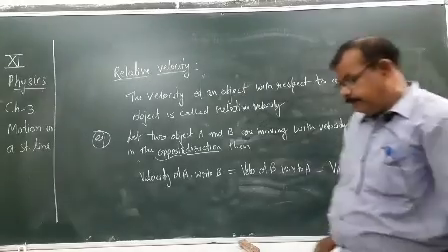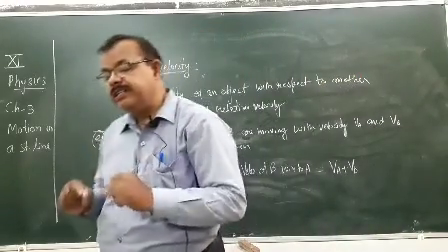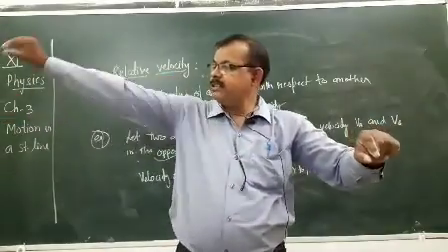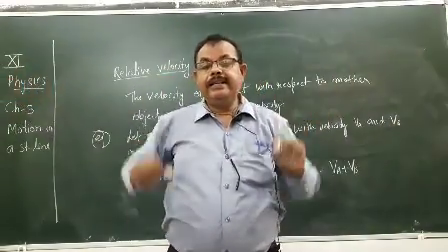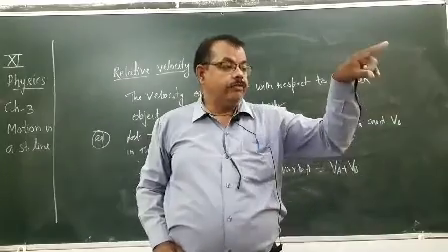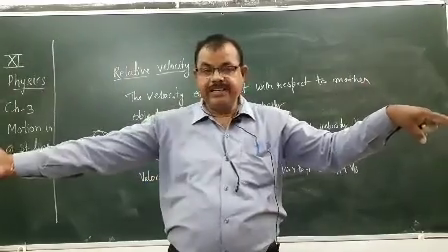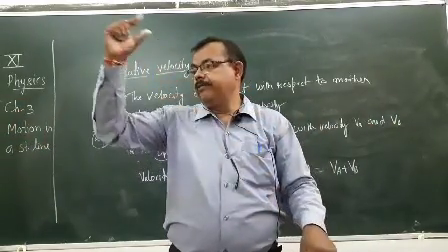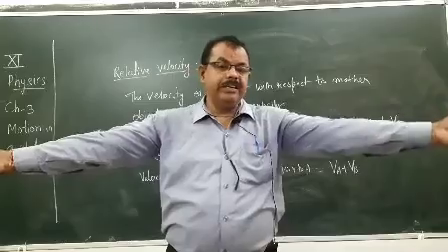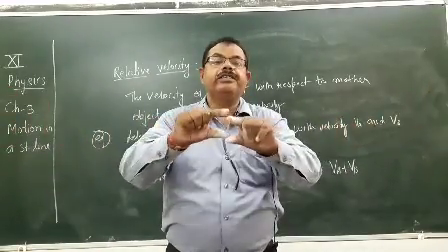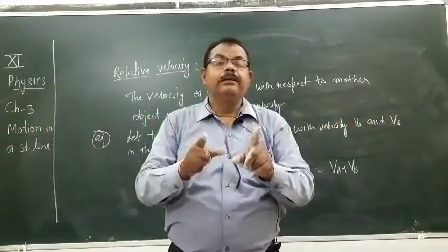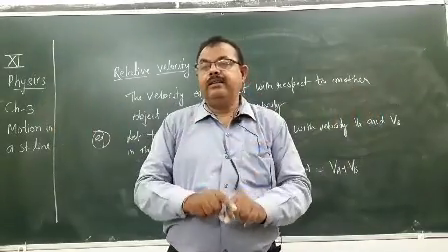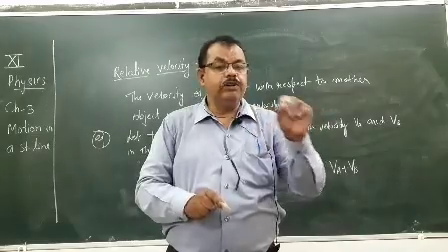Yes, if two trains or two objects are moving in opposite directions, one this side and the second this side, in that case the relative velocity of one object with respect to the other will be the sum of the two velocities.